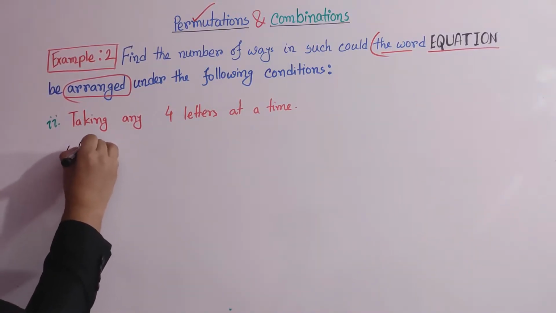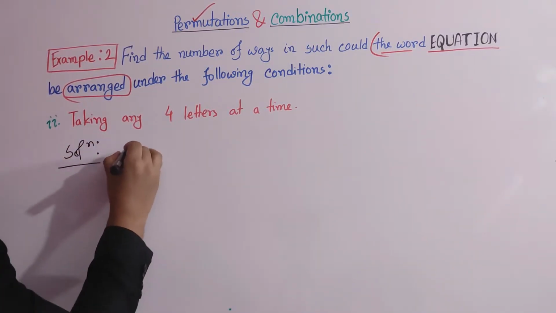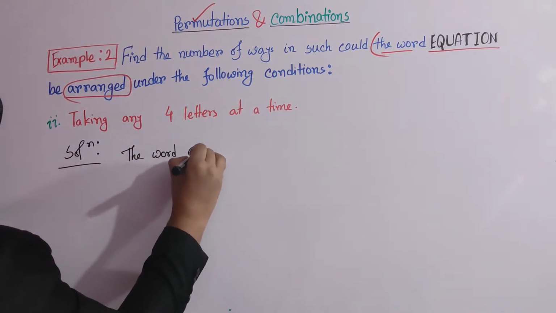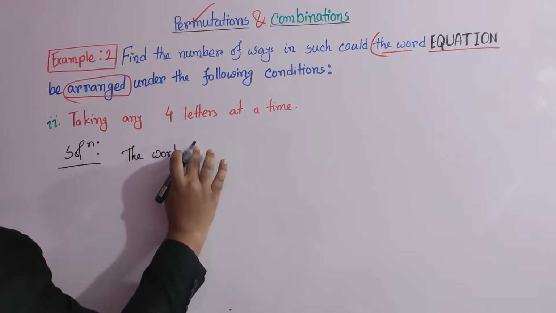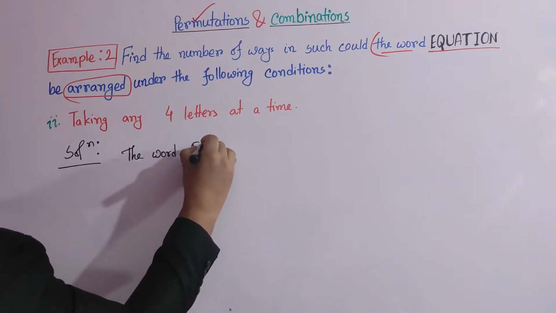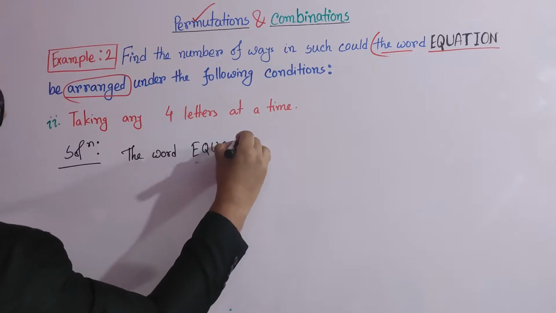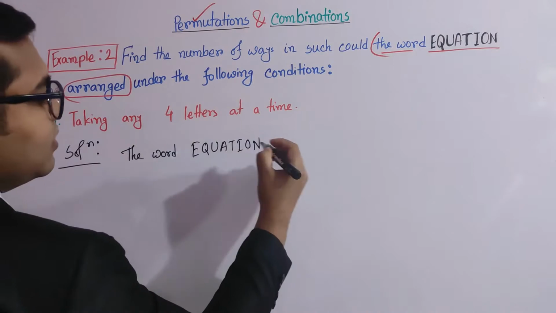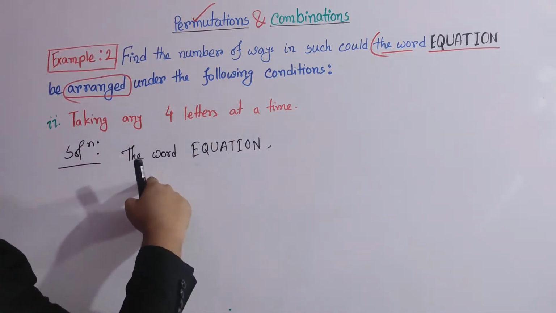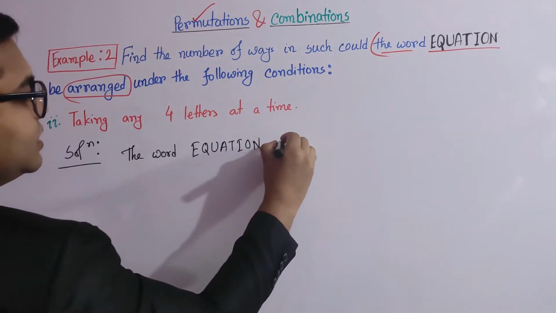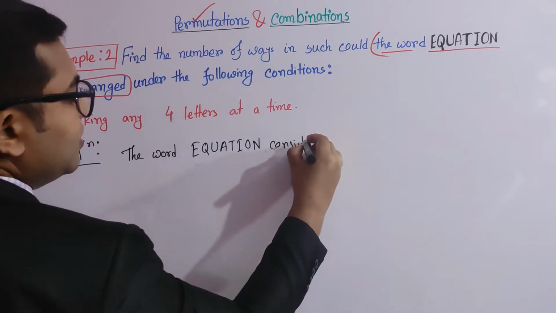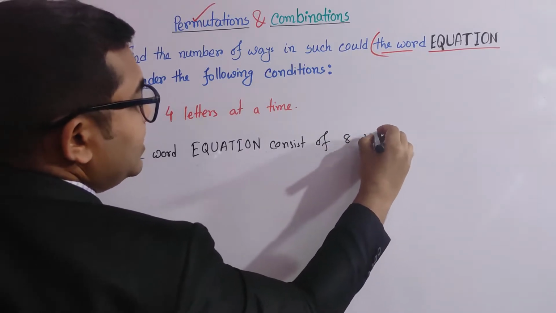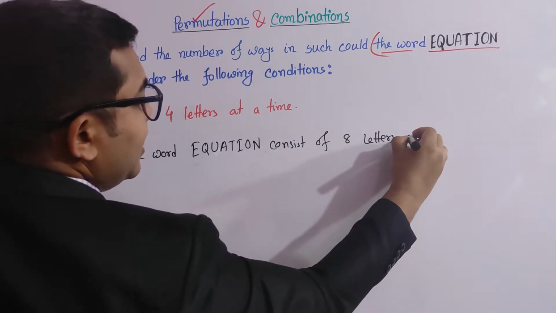We can write like this: the word equation consists of 8 letters and all are different.